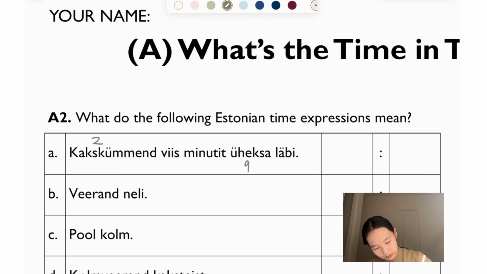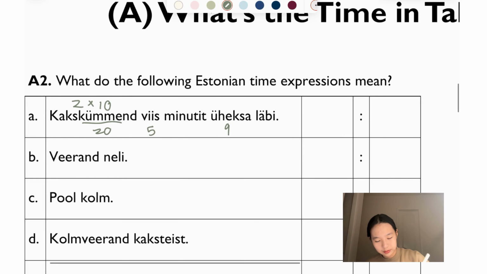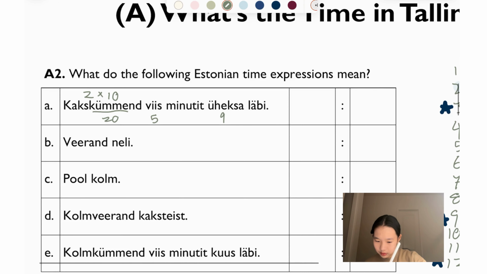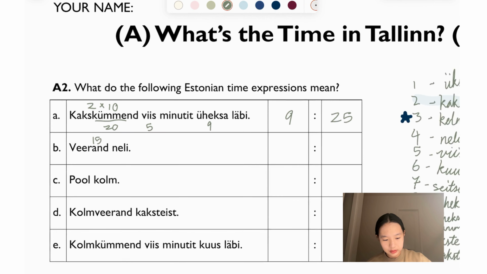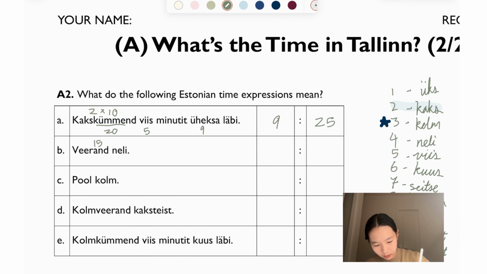And then the kume here would be 10, so maybe this is 2 times 10, 20. Vis is 5, and then it's minutes, so this would be 9:25. And then viran nelli, well, viran would be the 15, and then nelli we have as 4, but since it goes back an hour, this would instead be 3:15.